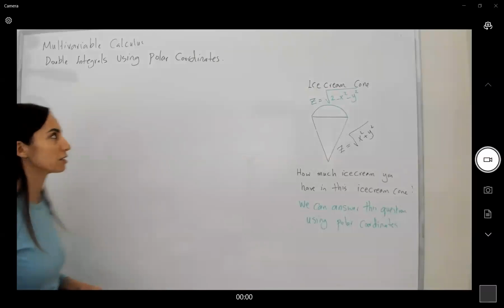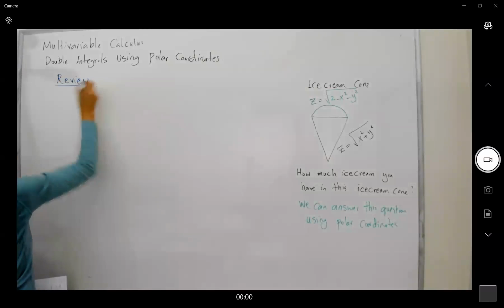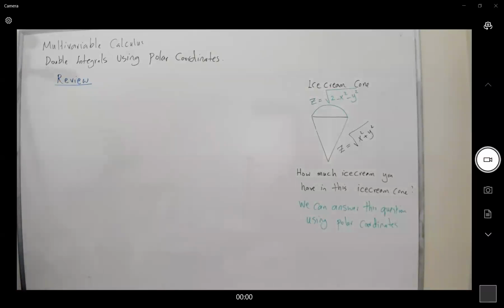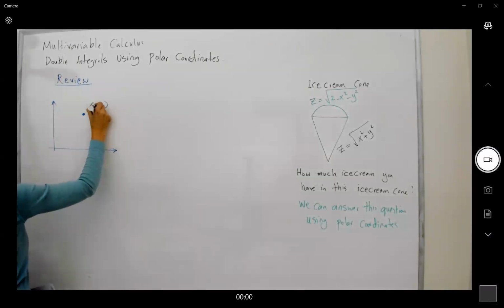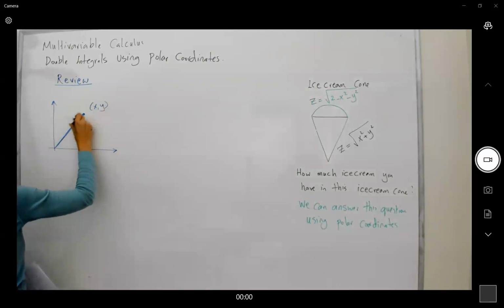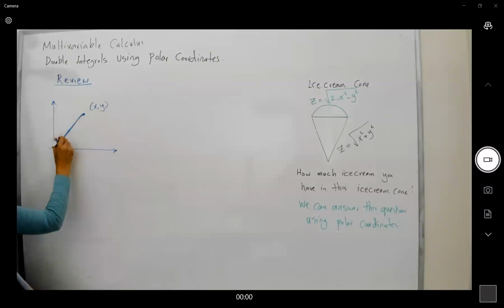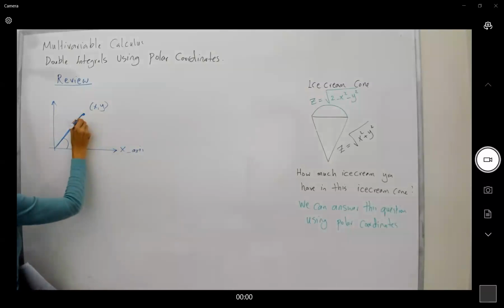First of all, let's review a little bit. Suppose you have your point x and y, and this point forms angle theta with the positive side of the x-axis.